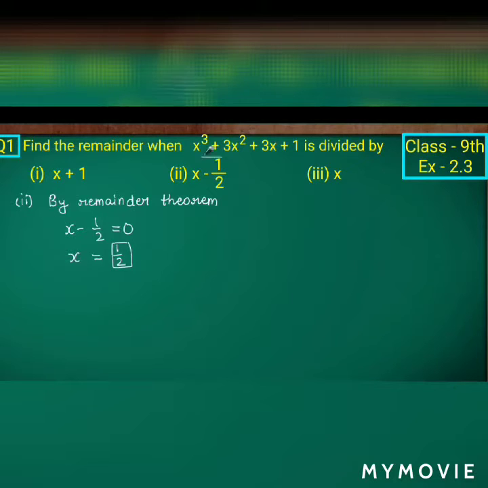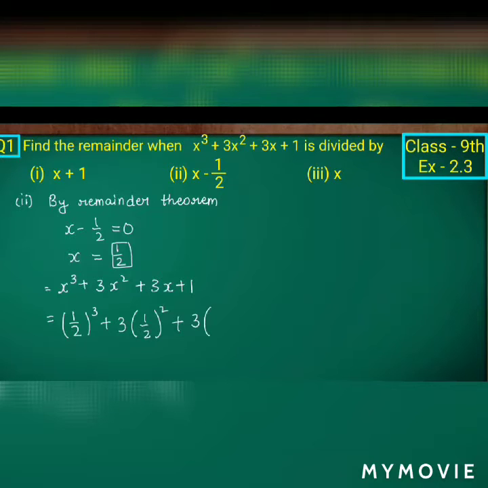So that 1 by 2 should be substituted in p of x, that is x cube plus 3x square plus 3x plus 1. So here in the place of x we have to substitute the value 1 by 2. So here, 1 by 2 whole cube plus 3 into 1 by 2 whole square plus 3 into 1 by 2 plus 1.